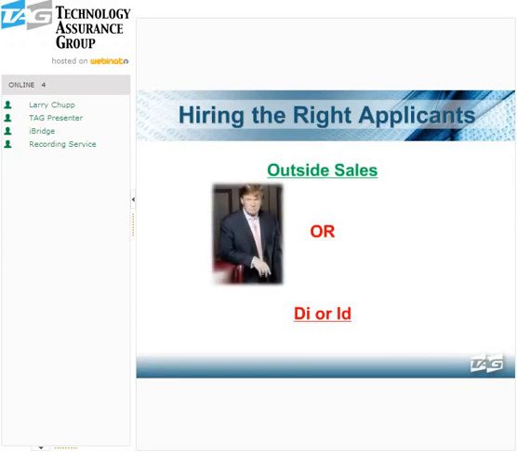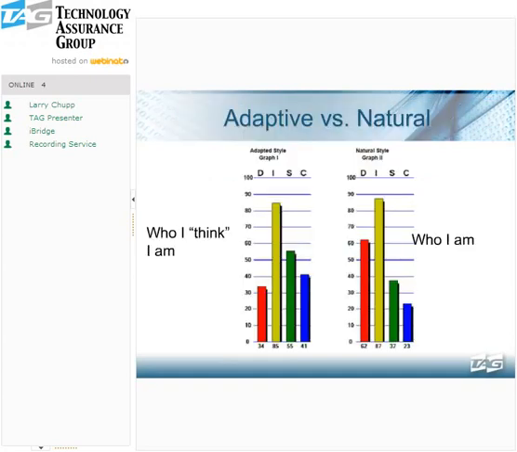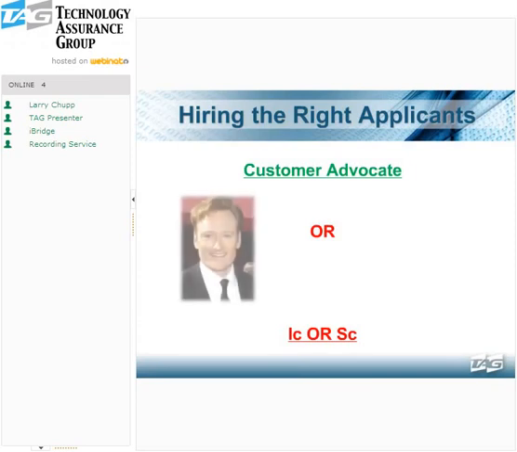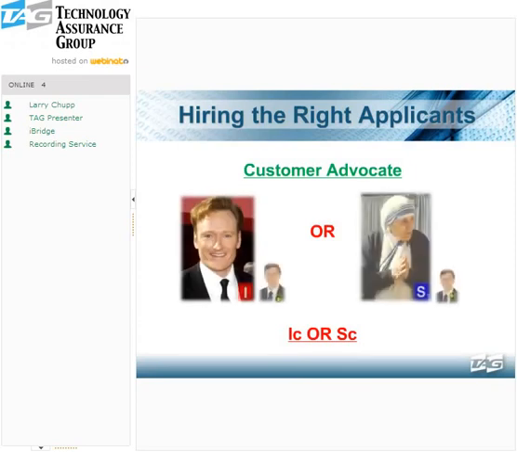Hiring the right applicants, outside sales, DI or ID, either one works. Again, that's what we already looked at, the natural style on this person would be perfect for outside sales. Customer advocate, an I or an S and then a C below that. So an IC or an SC, either one.